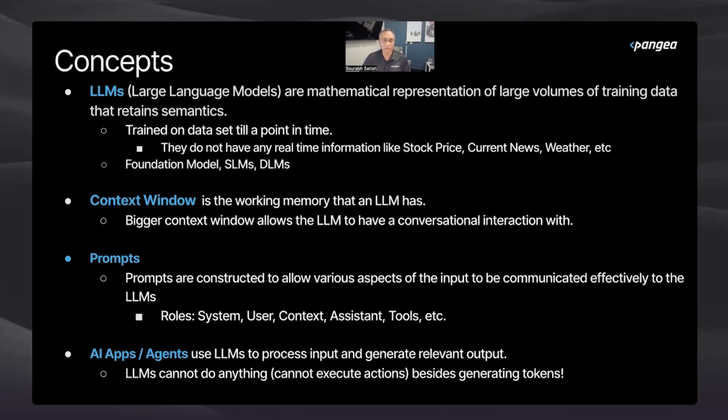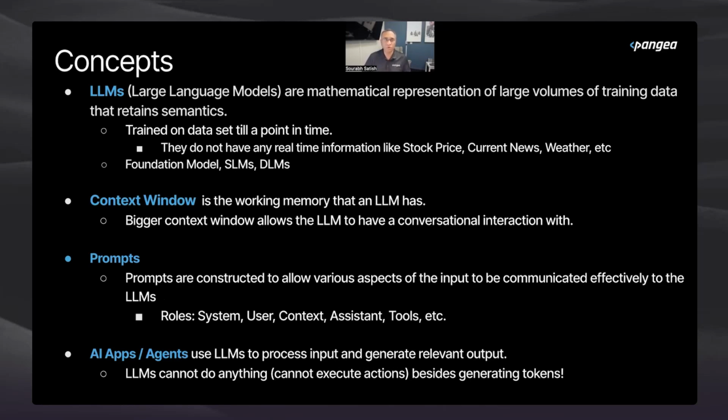Prompts are really constructed to communicate various forms of input to the LLM to achieve the desired outcome. And in order to do so, there are ways in which the data is communicated to the LLM. They are really communicated on behalf of certain roles. So a system role really is meant to facilitate communicating from an application developer or administrator's perspective as to what the AI application should be doing, how it should be doing, and so on and so forth.